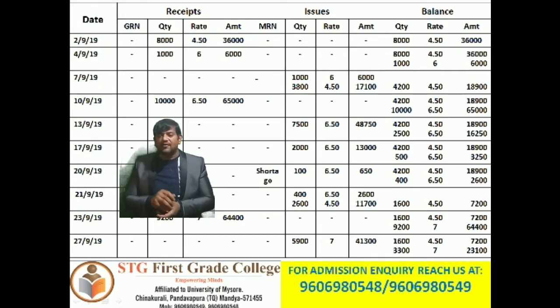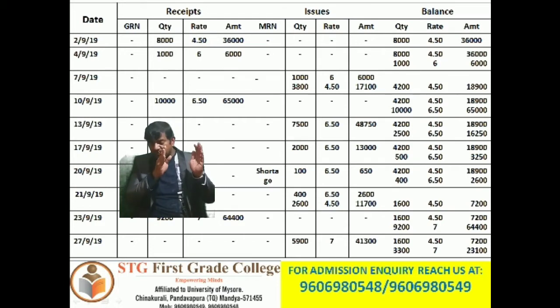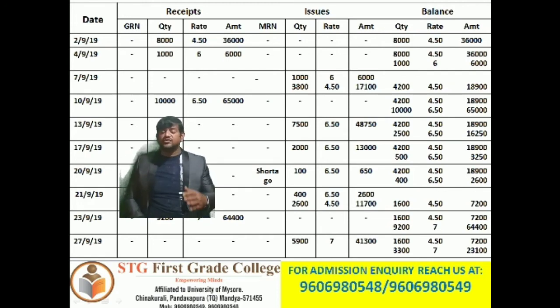Out of 1,000, I have issued the complete 1,000 units. Out of 8,000 units of 4th September, I have issued 3,800 units. So the balance left is 8,000 minus 3,800, that is 4,200 units at rupees 4.50 per unit.